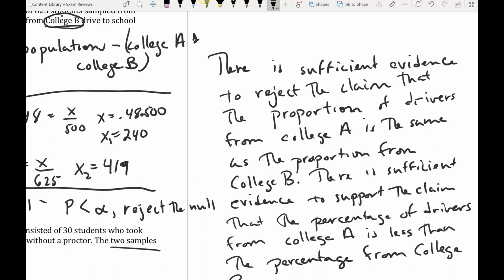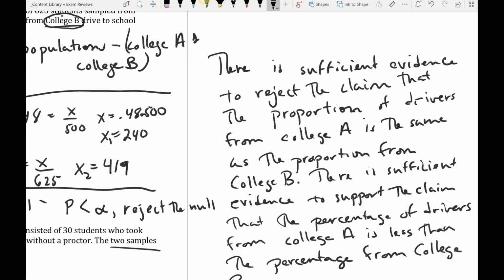So I rejected the claim that they were equal to each other because that was what the null was. I rejected the null, that they're equal. And then that means that I can now support the alternative, which is stating that college A has a smaller proportion than the ones from college B.